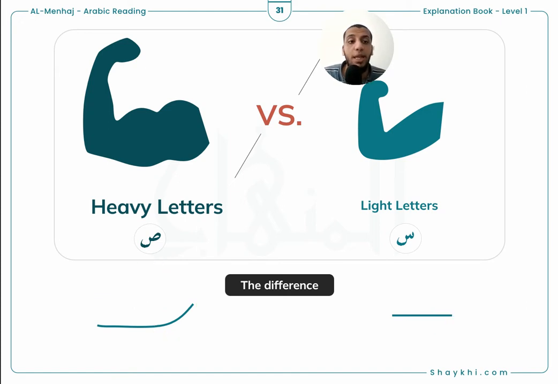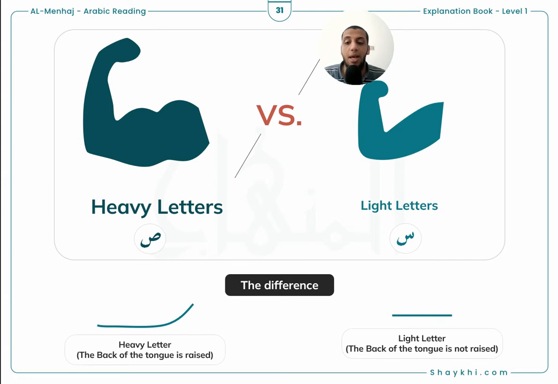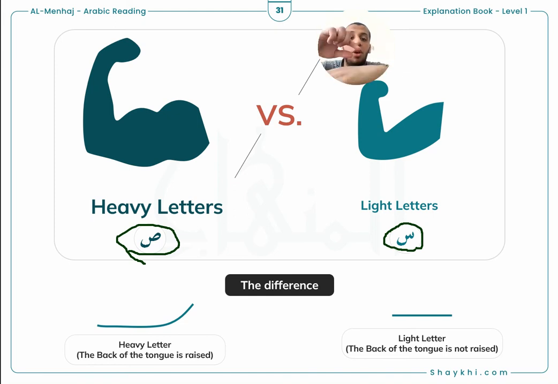So when we say sa, and then we say saw, nothing changed except the back of the tongue. The back of the tongue is raised when we say saw, but is not raised when we say sa.